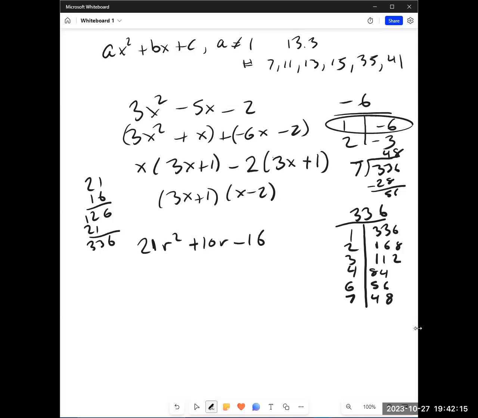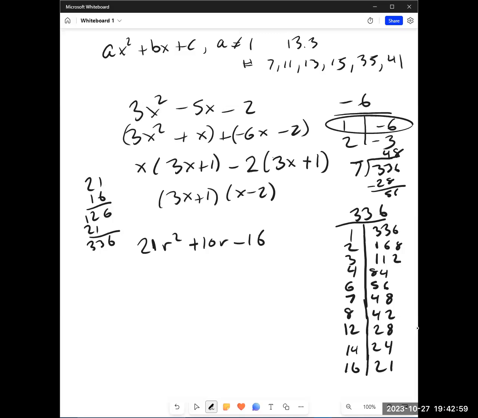9 doesn't go into it, 10 doesn't go into it, 11 doesn't go into it, 12 and 28, no 13s, 14 and 24, no 15s, 16 and 21.